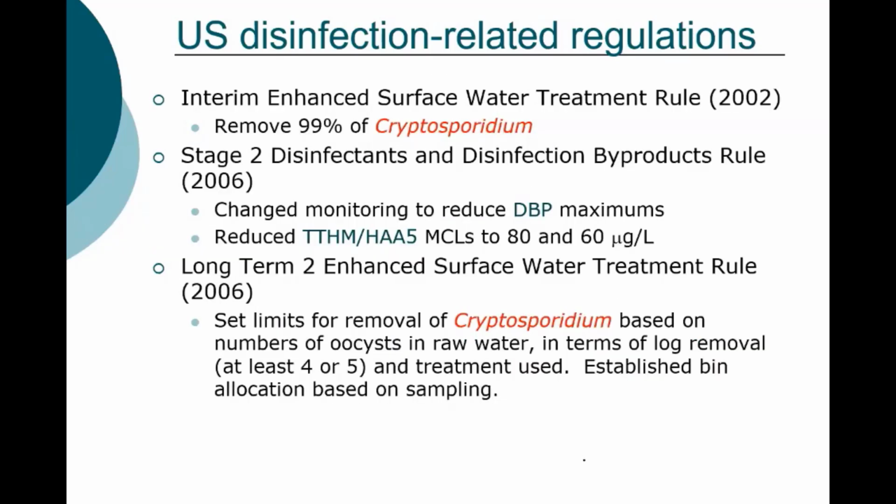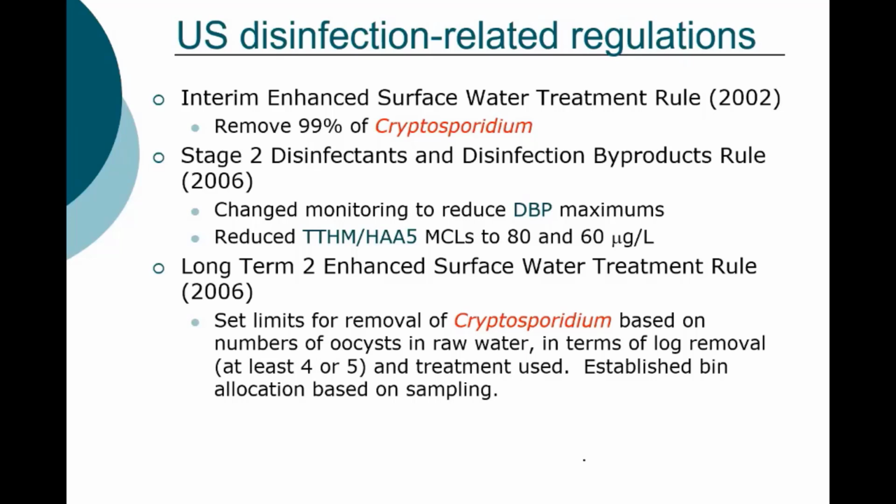The Interim Enhanced Surface Water Treatment Rule in 2002, after the Milwaukee incident, mandated the removal of cryptosporidium, and that was at 2-log removal. In 2006, the Stage 2 disinfectant and disinfection byproduct rule changed the monitoring to reduce disinfection byproduct maximums.